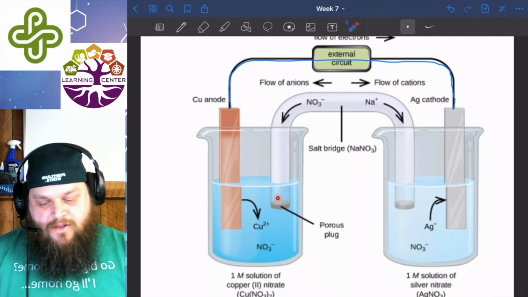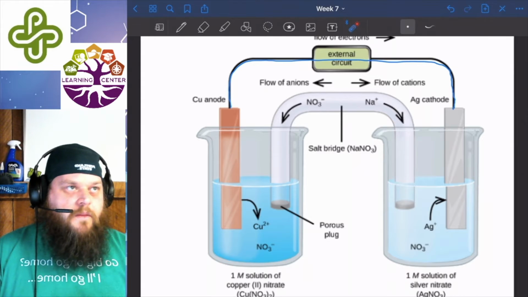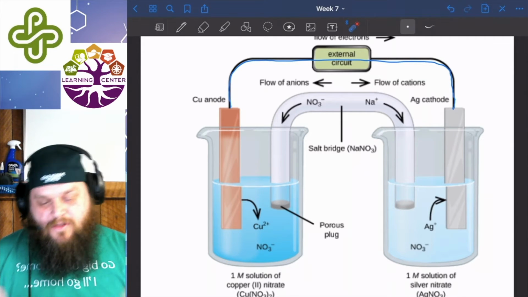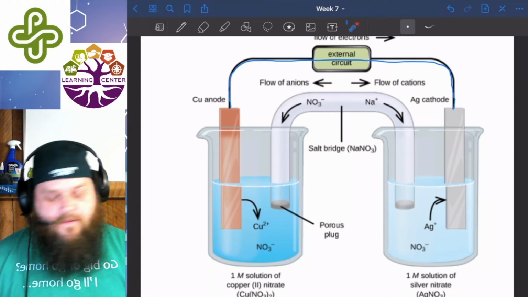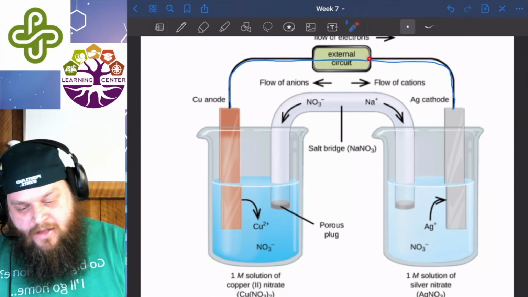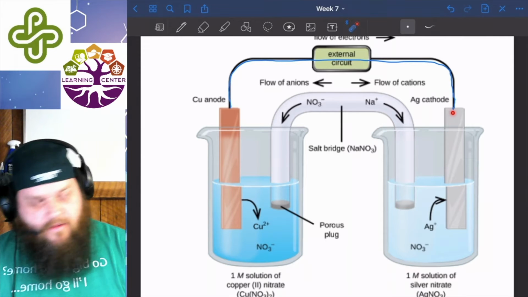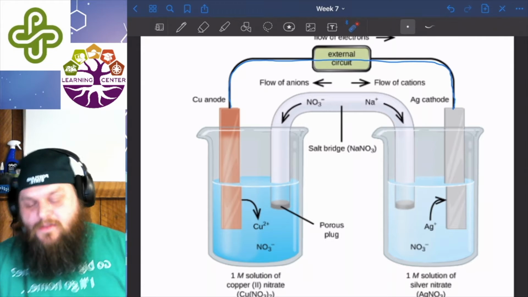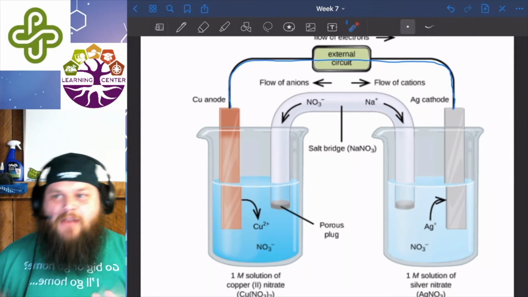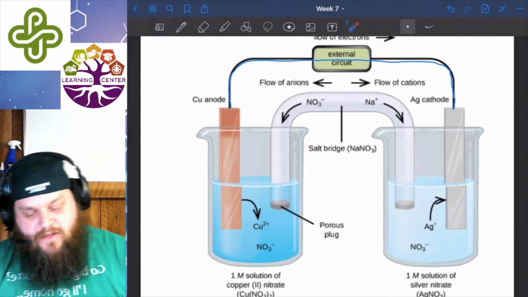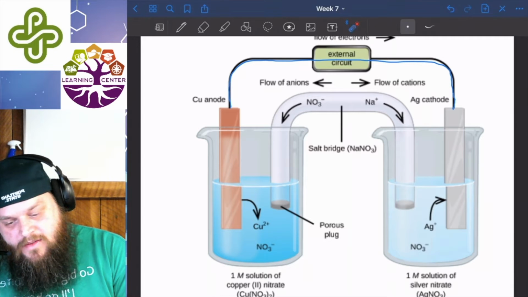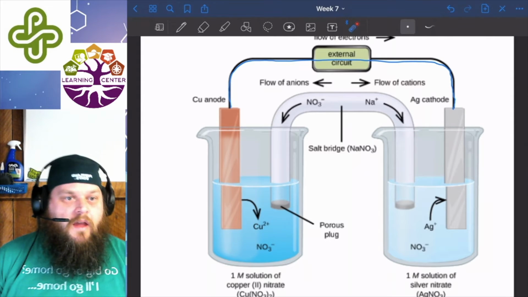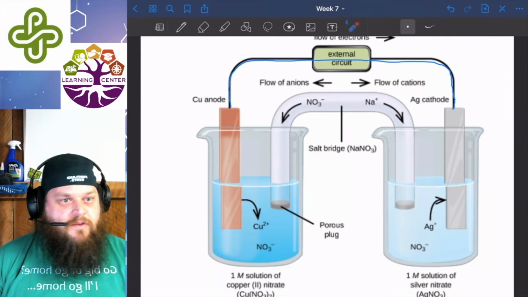That salt bridge is going to act to kind of balance the chemical charge within those baths, as these solutions, while this reaction is happening. And the anode here is connected through a wire to the cathode. So we're going to kind of break down what's all happening in this. So as this reaction starts to happen, just like we talked about previously, the solid copper is going to go through an oxidation reaction, right?